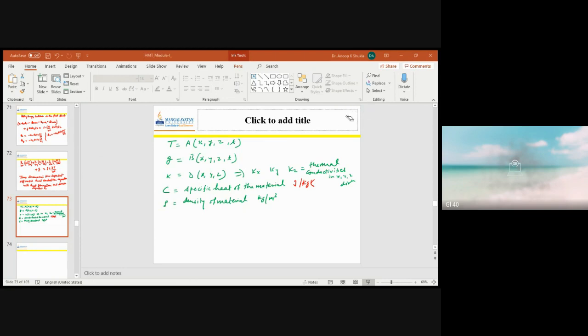So generally, this is the three-dimensional differential equation for transient heat conduction with constant thermal conductivity. Okay, you can say it is the governing equation for heat conduction.